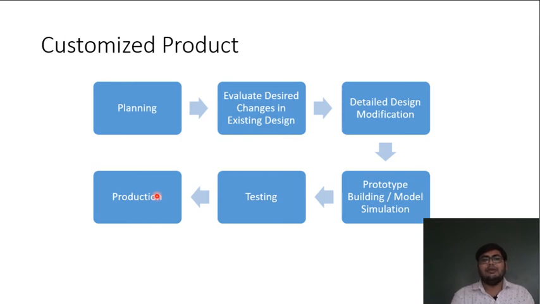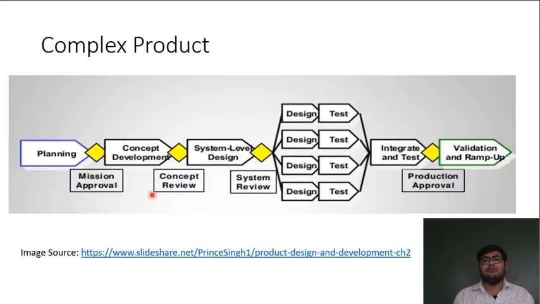And there can be complex products which will have so many systems, so many parts in them. So these products have a different variation of the generalized or typical product development process. What we'll do is we'll go to planning and concept development and system level design as in the generic product development process.